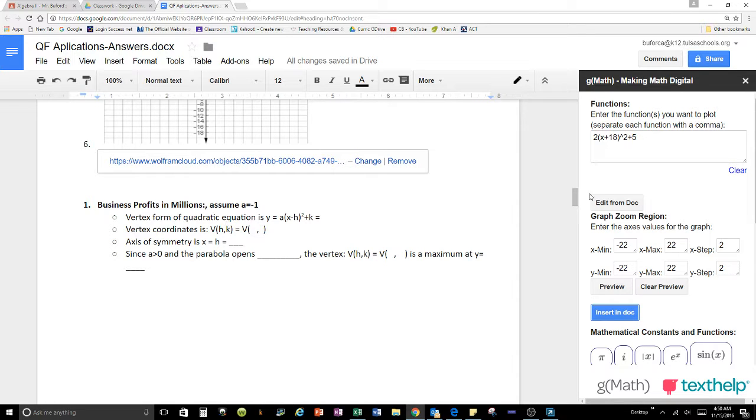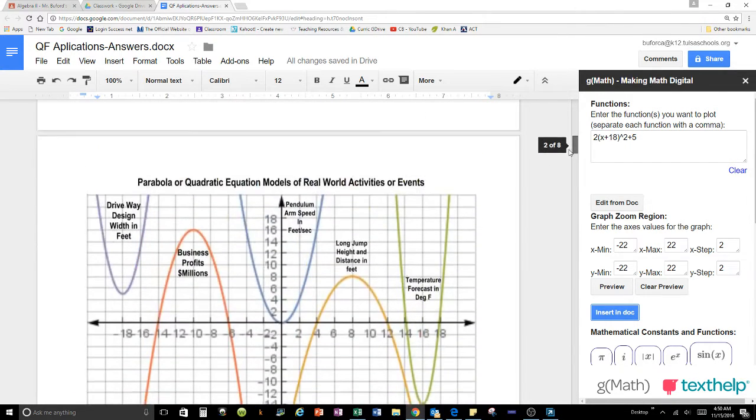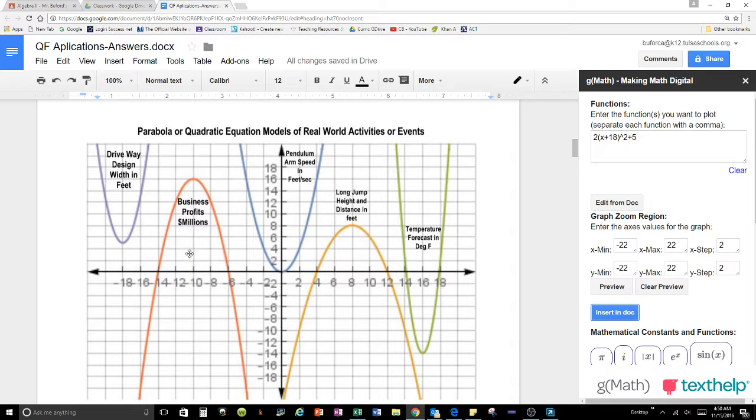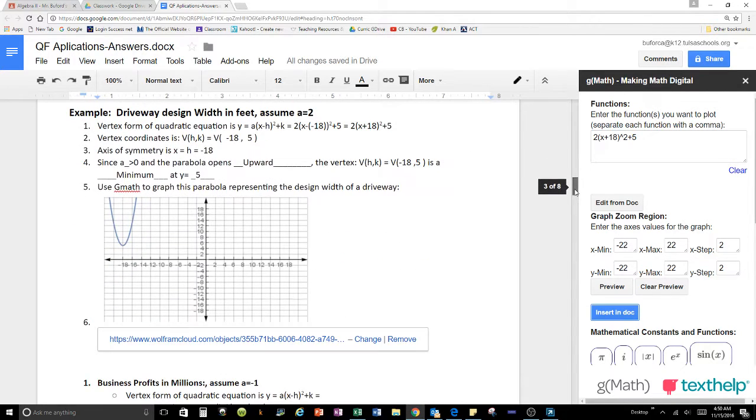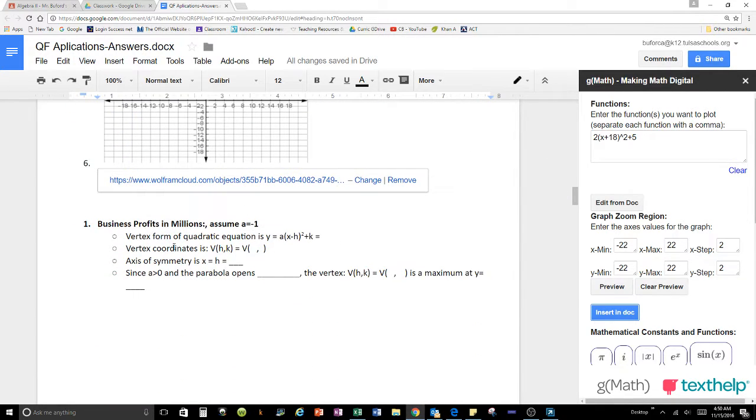And for business profits, you can see how we find our H and K. Just go to the vertex. Our H is -10, and K is 16. Boy, that was fast. Let's go see. Okay, this is business profits.